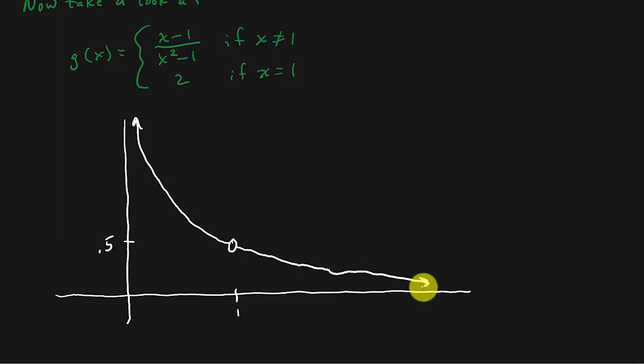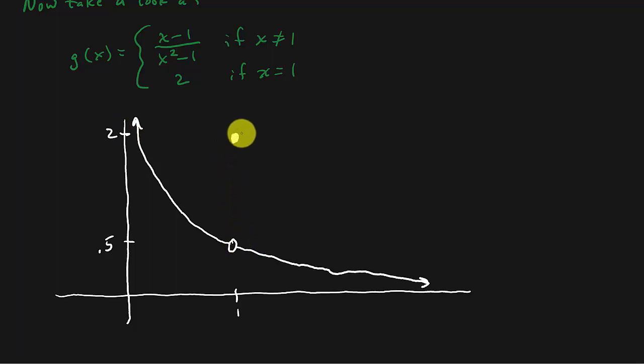That's for the first part of the graph when x is not equal to 1. But when x is equal to 1, we have a y value of 2 up here, and so we would have a 2 right here.